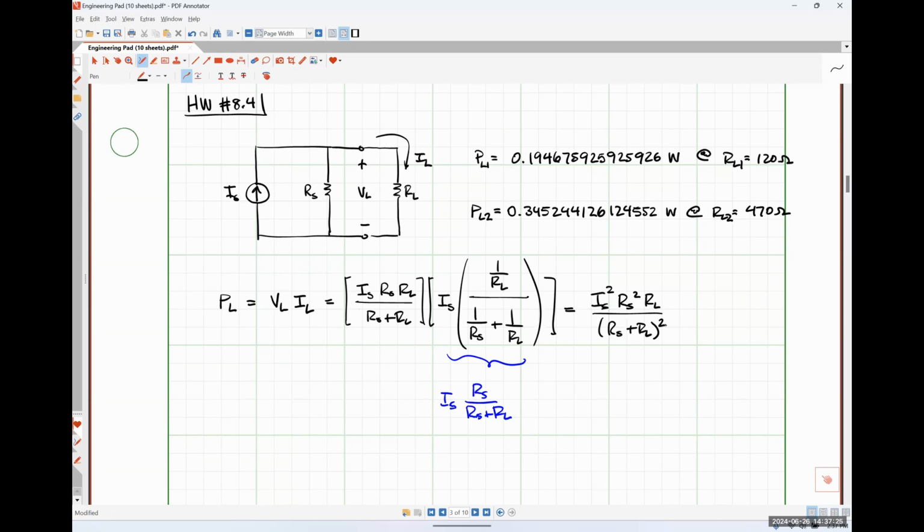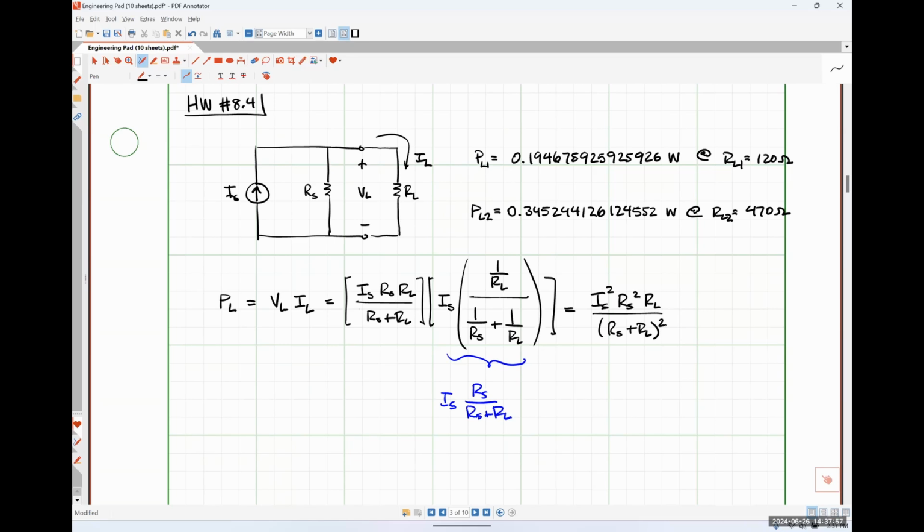So effectively, since we have two values for PL and two values for RL, we have a two equation, two unknown system. Now there's some polynomial stuff going on in here that makes it a little gross. So personally, I would solve this system using MathCAD because it can handle it. I don't know that the calculators can handle solving a system when you've got polynomials buried inside of there.